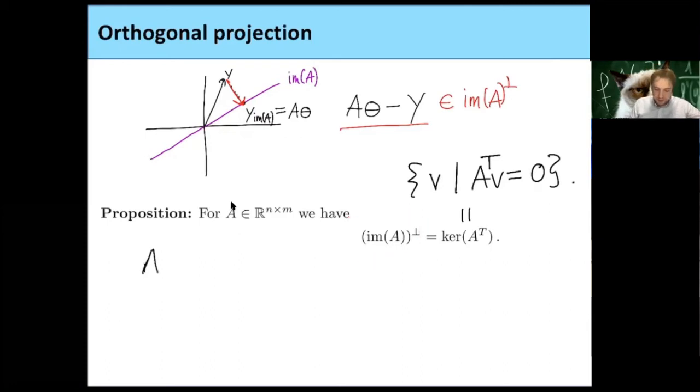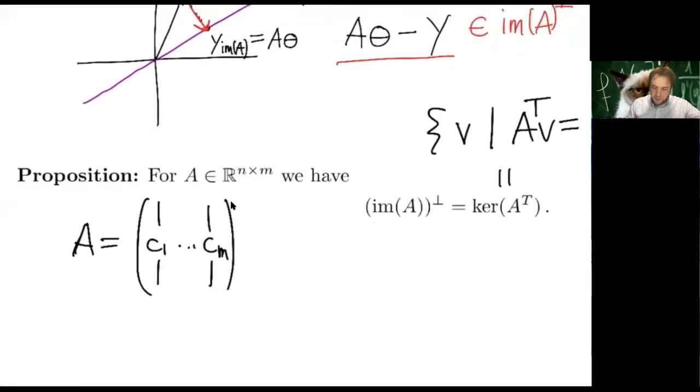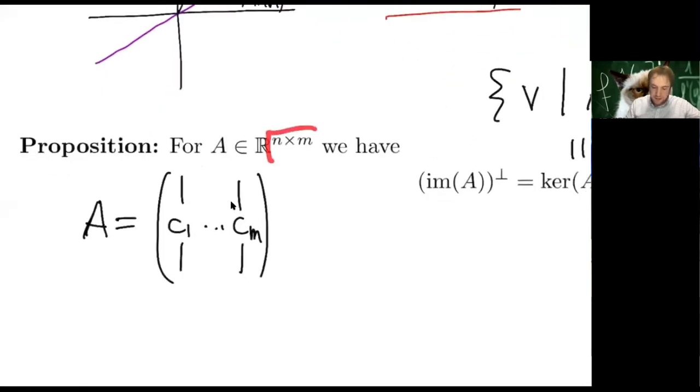Well, if I have a matrix A, which is given by some columns, so here, if I have an n times m matrix, then this matrix A has m columns.